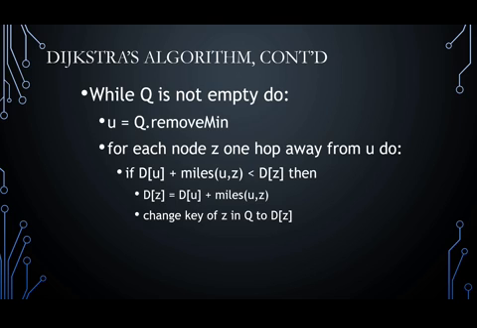That is, from U to V I can go and from V to Z I can reach. So for such hops, I find the distances and update them in my distance labels. For each node Z, one hop away from U, find D of U plus distance from U to Z. If it is less than D of Z, then D of Z is equal to D of U plus distance from U to Z.